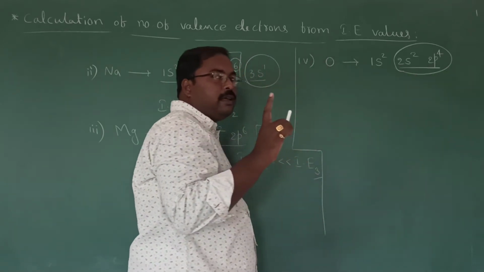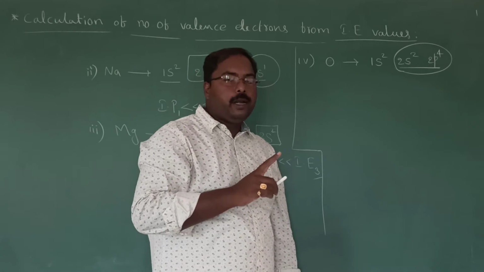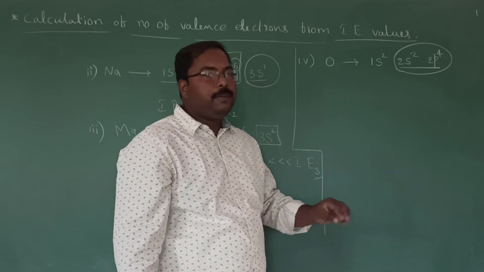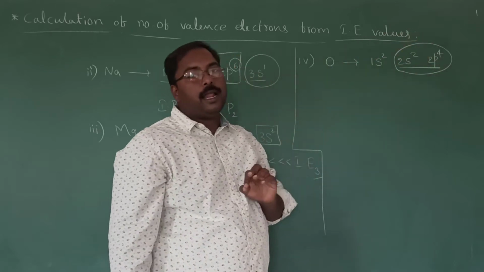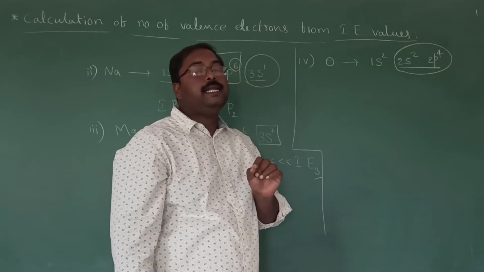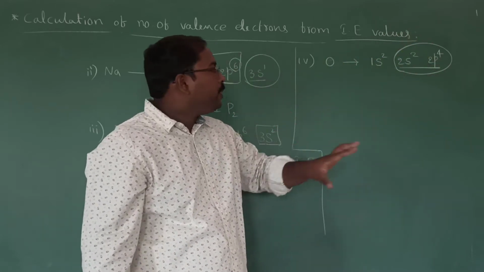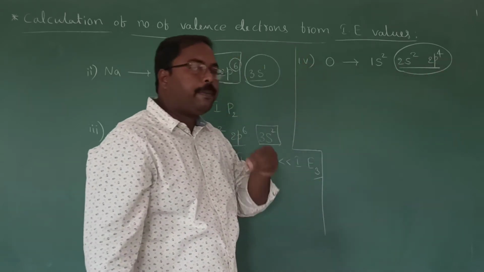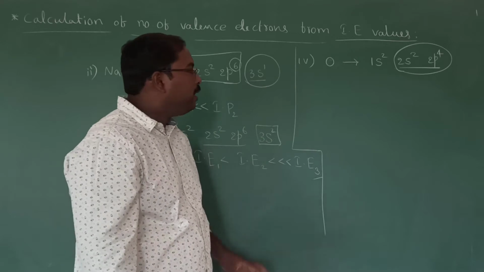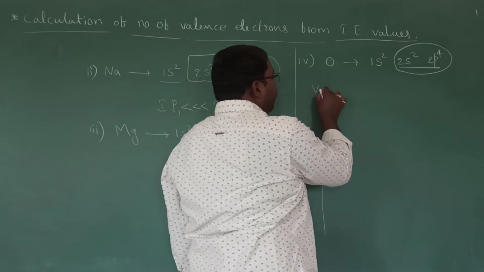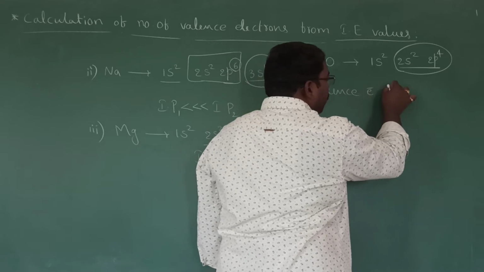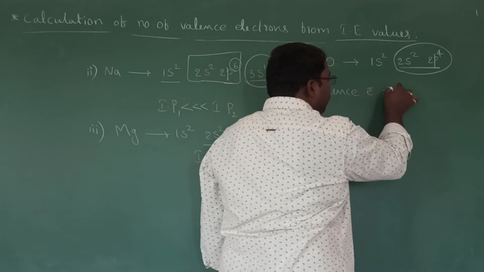You don't think only about the 2p orbital. Somebody may get confused, but valence shell means the last orbit, not the orbital. So in the second orbit, all these 6 electrons are present in the valence shell. So the number of valence electrons is 6 out of 8.